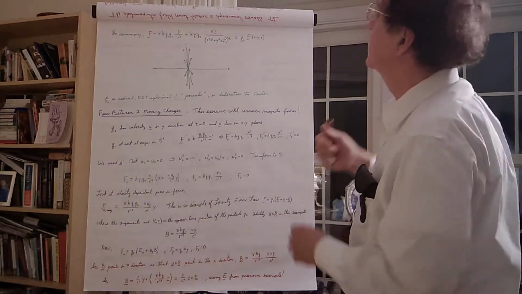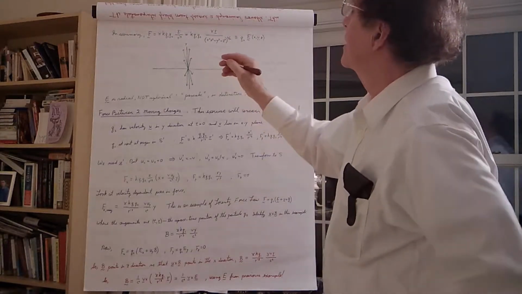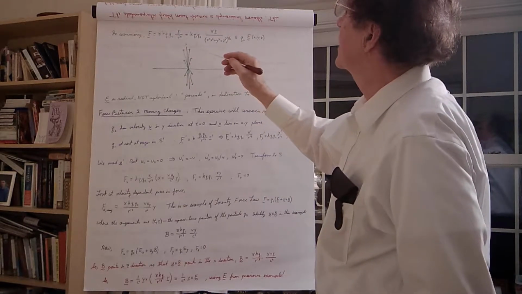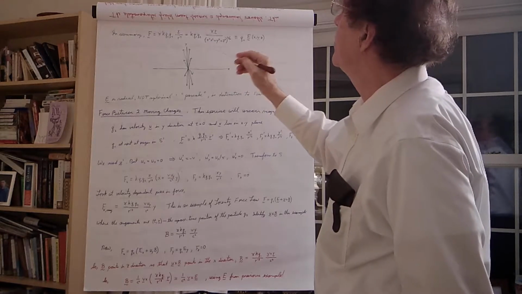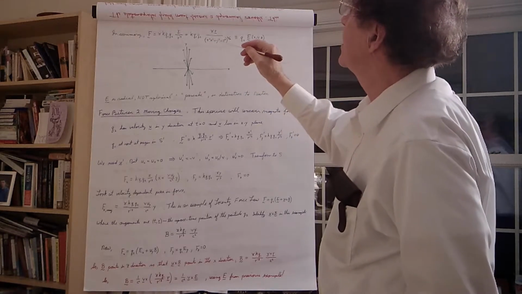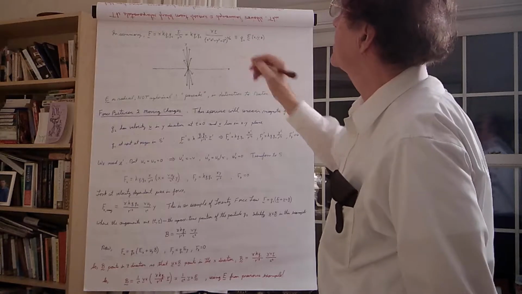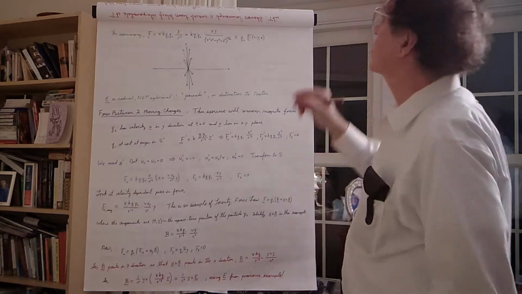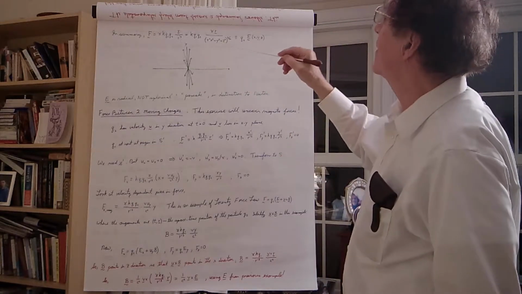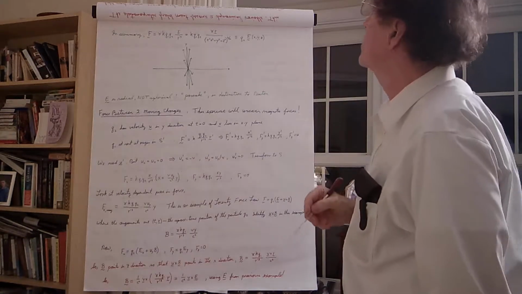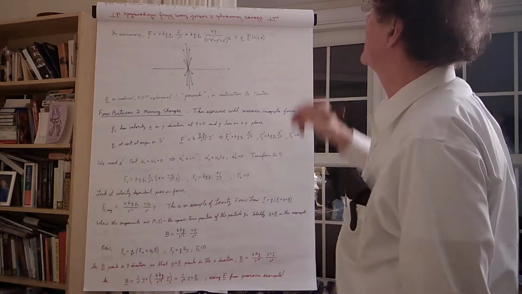Okay. So we see that the force F is equal to gamma K Q1 Q2, and then it points in the direction R, and it's diminished by the factor R prime squared, which is just what's written here.